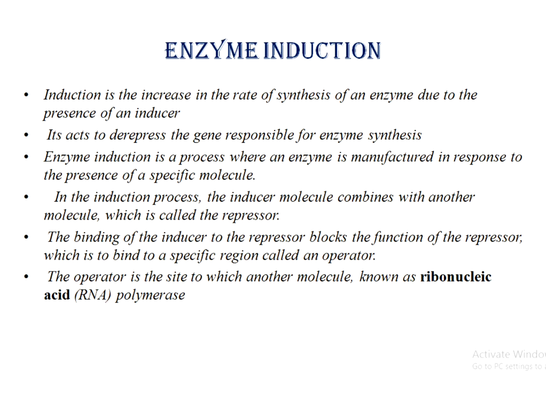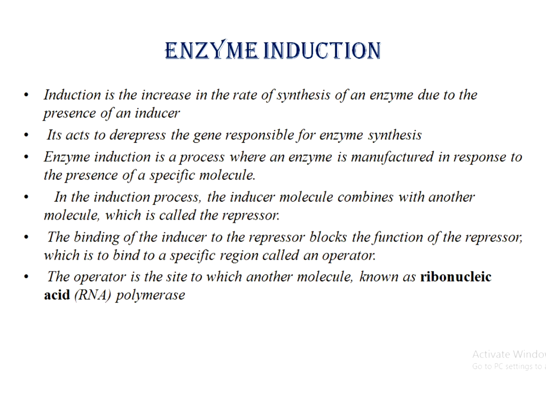Enzyme induction means there will be an increase in the rate of synthesis of enzymes because of the presence of an inducer. So with the help of the inducer, we increase the rate of enzyme synthesis. In other words, we can say the inducer derepresses the gene that is responsible for the synthesis.